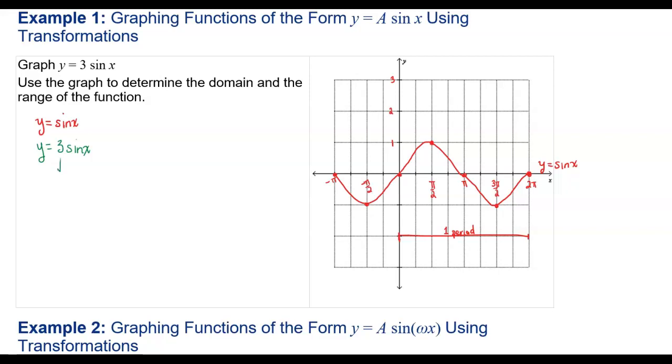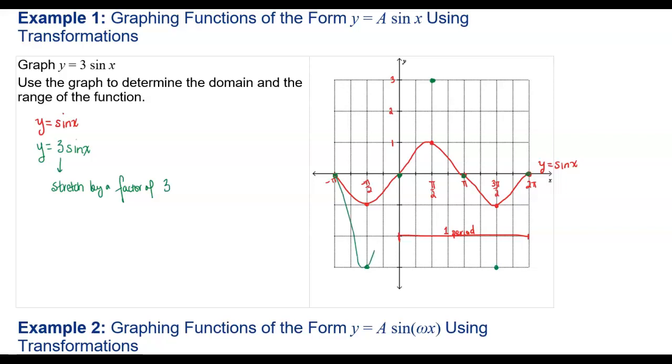So this means we're stretching by a factor of 3, which means our zeros stay the same, but every other point has to be multiplied by 3. So (pi over 2, 1) is now (pi over 2, 3), and (3 pi over 2, -1) is (3 pi over 2, -3).